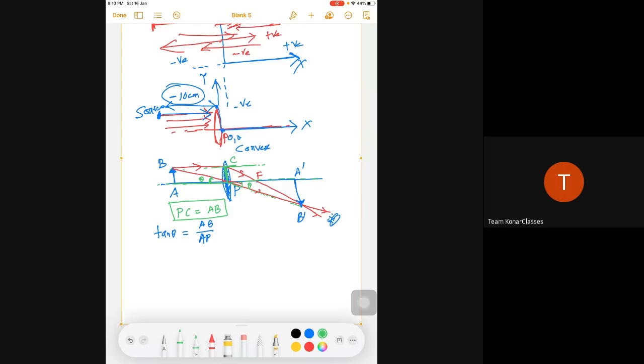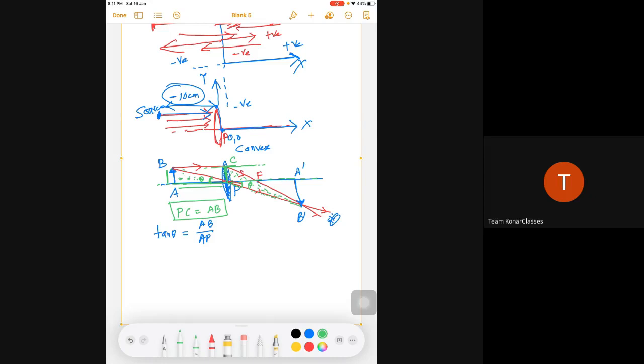This angle is theta, and this line is the perpendicular. As I told, the remaining part is pure geometry, nothing to do with light. The light ray diagram is done. Now we have to come to mathematics, so we do simple geometry. We are considering this dotted triangle and this dotted triangle.